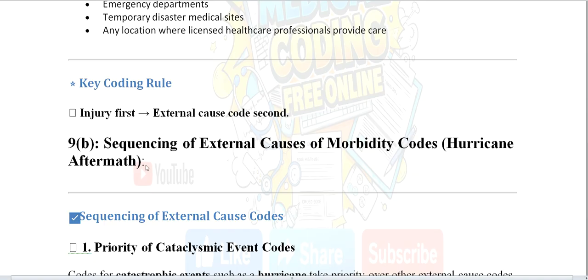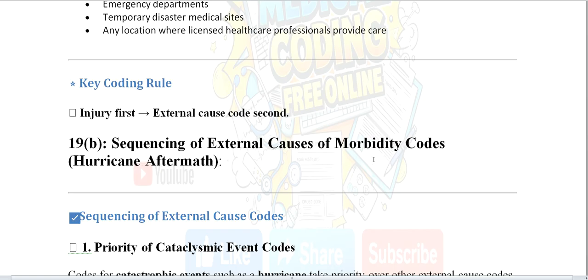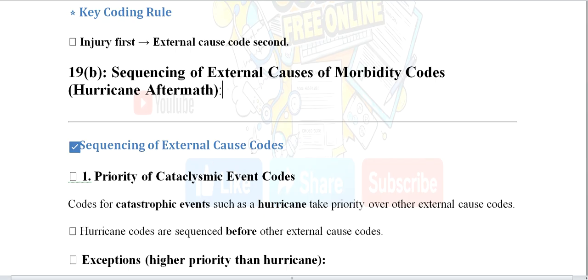Section 19B: sequencing external cause of morbidity codes, hurricane aftermath. Sequencing external cause codes: priority.